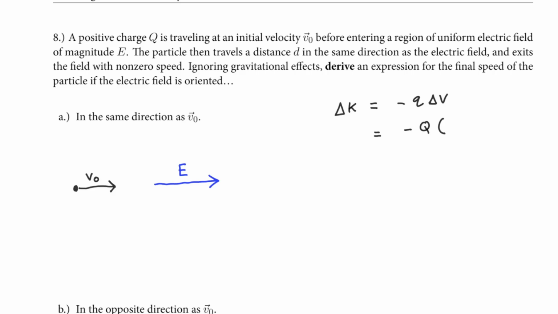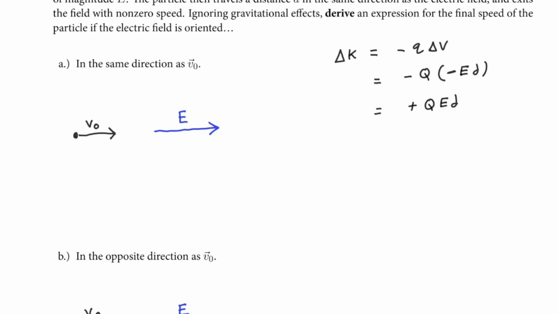So this charge is moving downhill. So this is a negative potential difference. So I get a positive QED change in my kinetic energy here. So this allows me to set up this relationship: 1/2 mv_f squared minus 1/2 mv_0 squared is equal to QED.